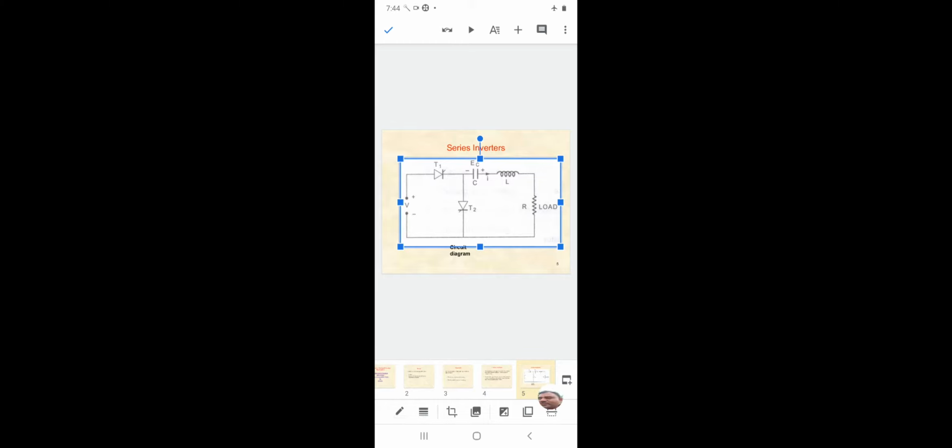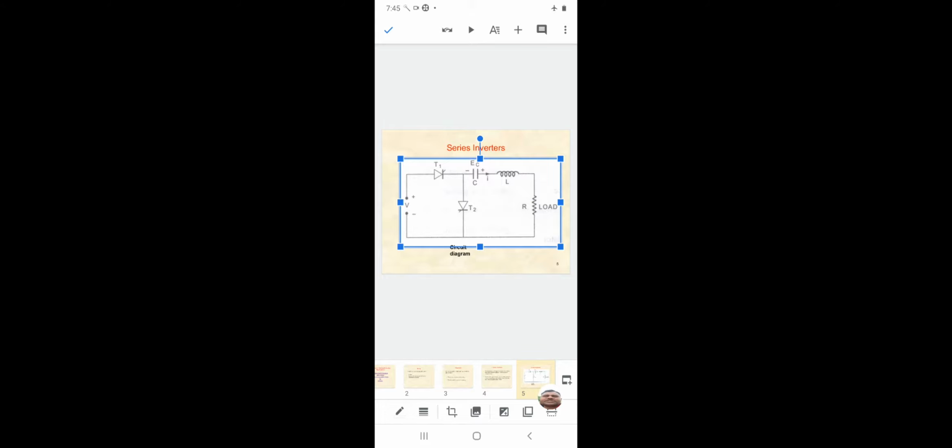This is the circuit diagram for the series inverter: thyristor T1 and thyristor T2, and the voltage source V, which is DC. The positive is connected to the anode of T1, and the negative is connected to the cathode of T2.